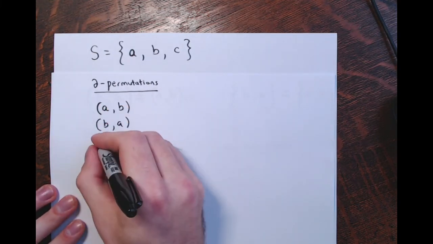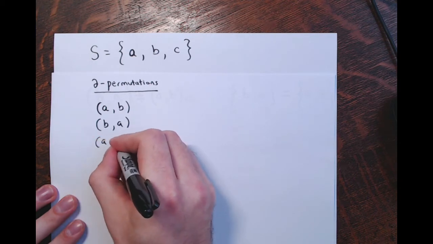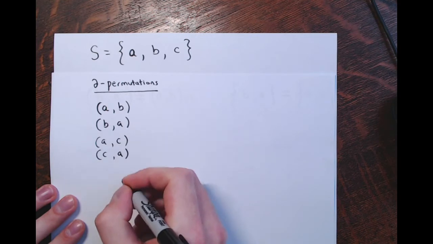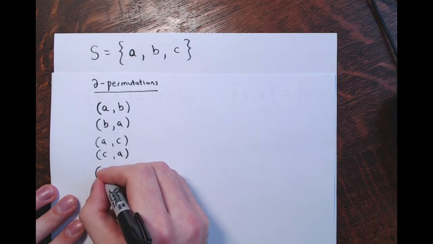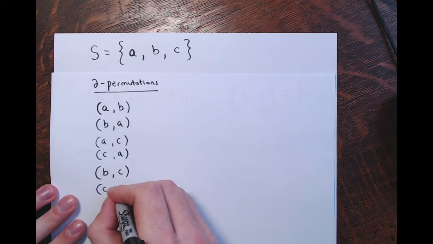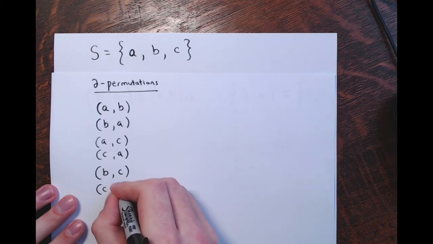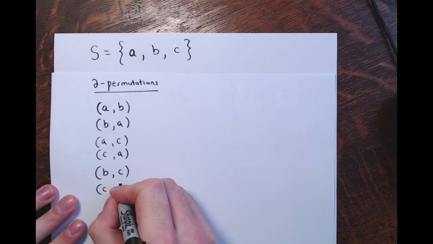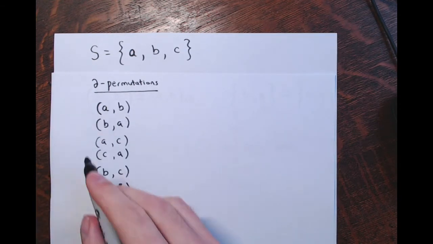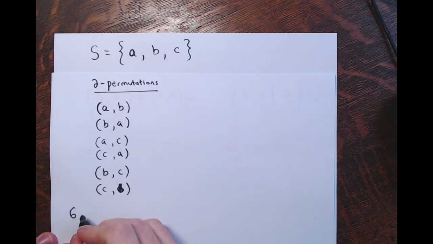So those are 2, A then C, C then A, 2 more there, B then C, C then B. I don't know why I wrote D, sorry, C then B. Okay, so there are 6 2 permutations from set S.